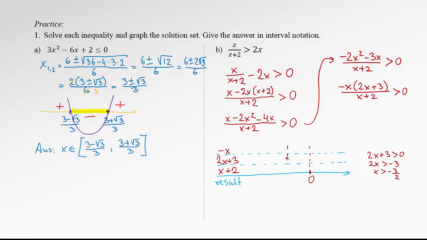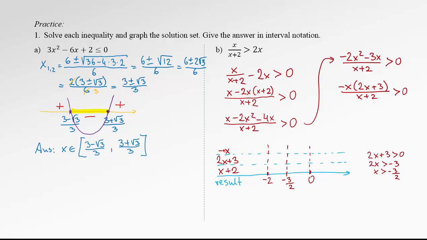Okay, let's say negative 3/2 is somewhere there. And finally, the last factor changes its sign at negative 2. Negative 2 is lower than negative 3/2, so let's position it somewhere there. It doesn't have to be perfect, but the numbers need to be placed in increasing order, the usual order on the number line.